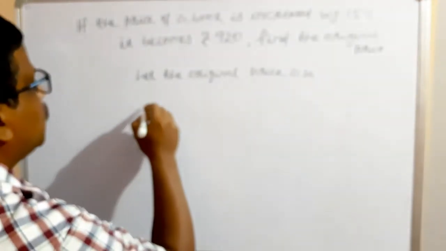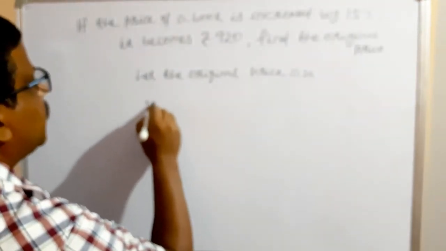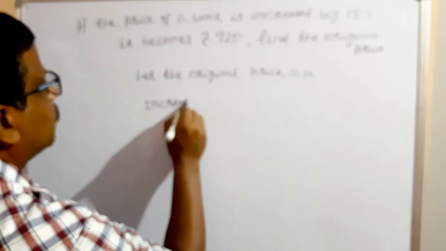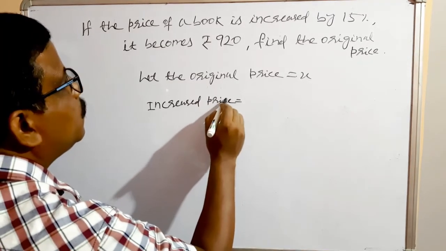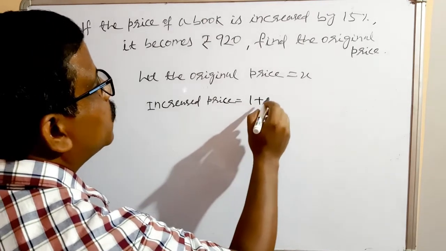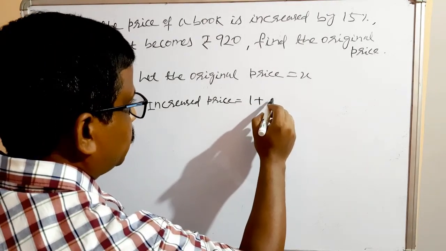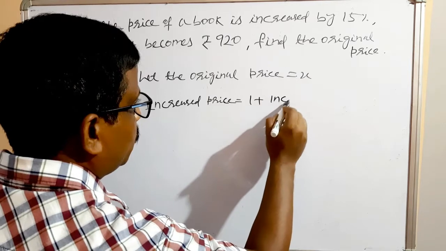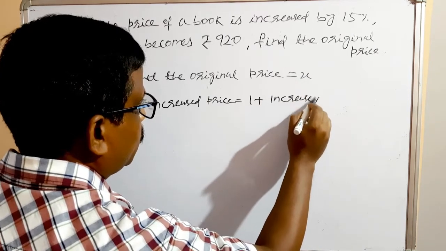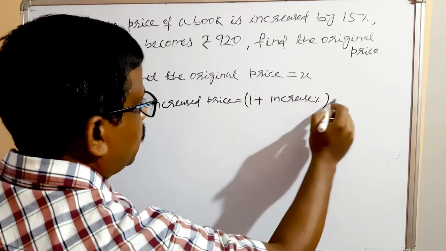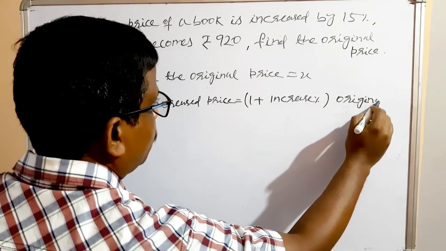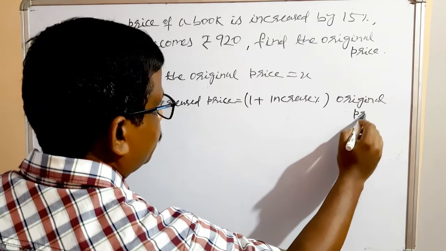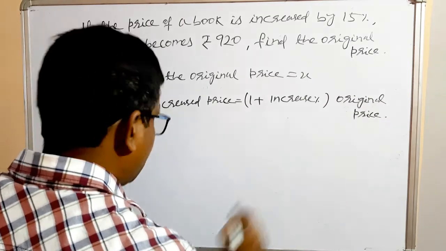So write the formula: increased price is equal to 1 plus increase percentage into original price. Clear?